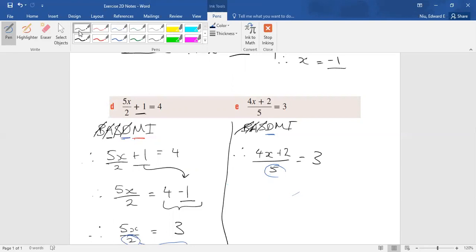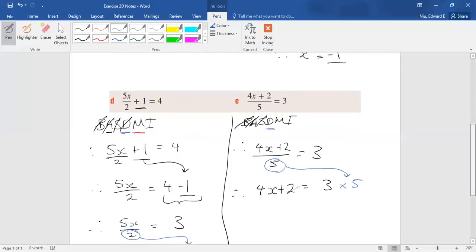And to get rid of it on the left side, we need to throw it to the other side and times the right side by 5, because the opposite of division is times. So notice how the division is now thrown to the other side and we inverse the operation.